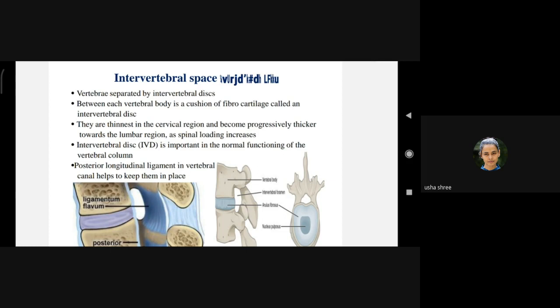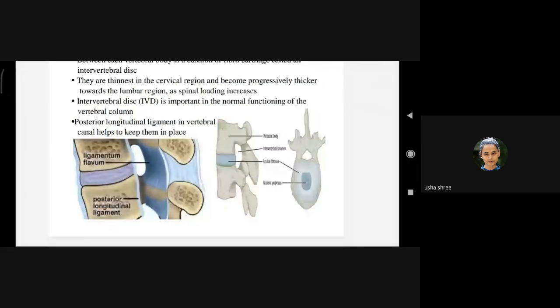Obviously, the posterior longitudinal ligament in the vertebral canal helps to keep them in place. Now, the posterior longitudinal ligament, you can see here.